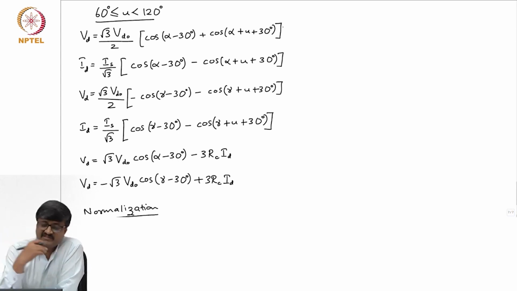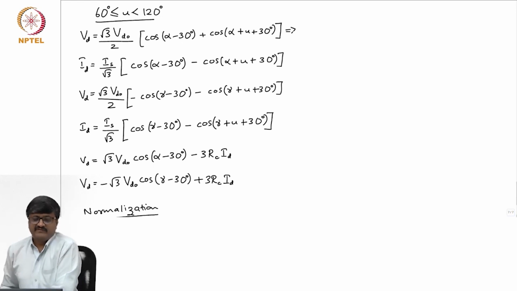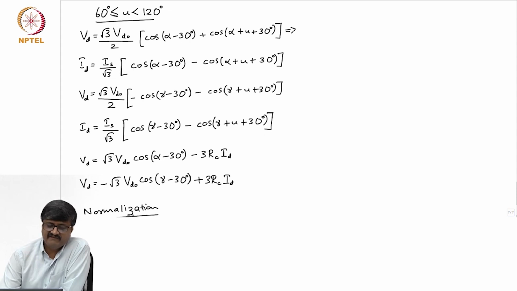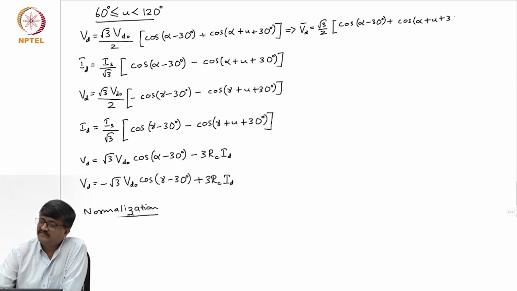I can similarly get the equations in per unit for the set of equations applicable for u greater than or equal to 60 degrees and less than 120 degrees. The first equation is normalized by dividing by VDO, so VD bar is equal to root 3 by 2 (cos (alpha minus 30 degrees) plus cos (alpha plus u plus 30 degrees)).